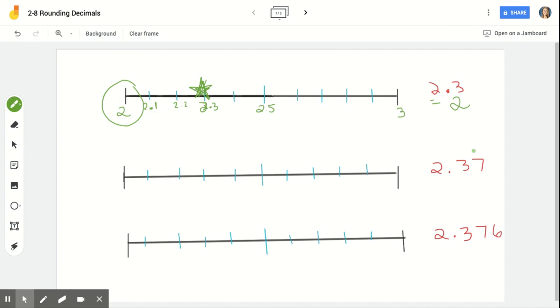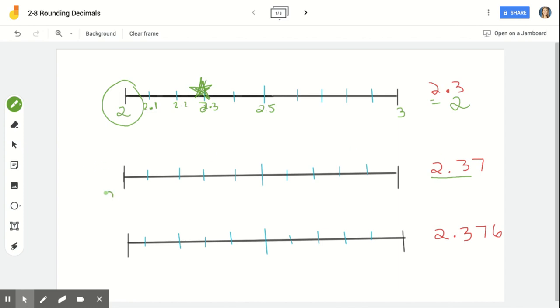Let's keep going. 2 37/100 is the number, and I'm wondering, should we round it to the nearest tenth then? Based on that question, let's label this number line. I'm rounding to the nearest tenth, so I'm looking at 2 3/10, and then there's a digit in the hundredths place value.